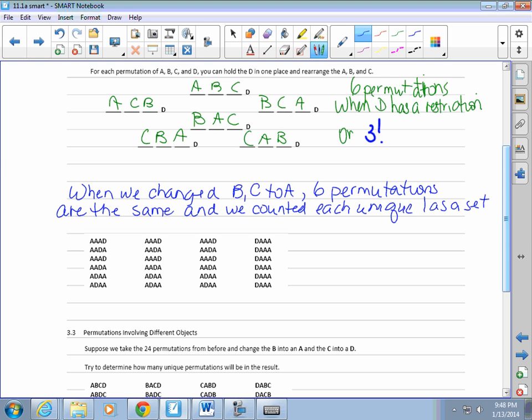So we had a set of AAADs, and there were 6 in that set. So we counted it basically 3 factorial times. Okay, we said there's 6 different ways of doing that.